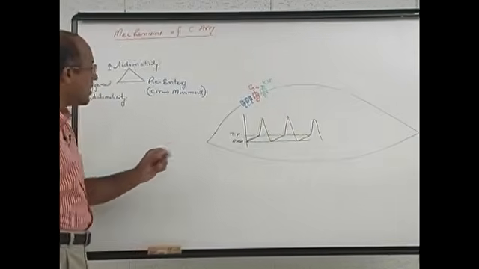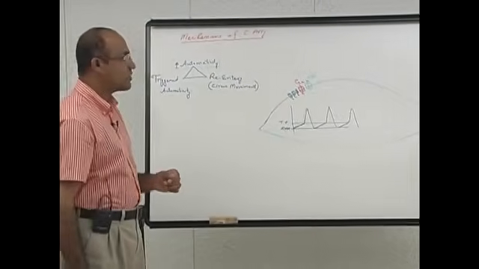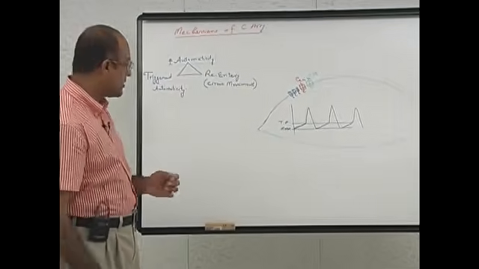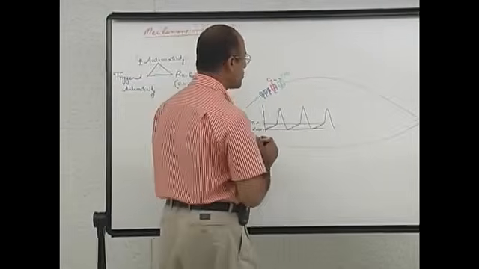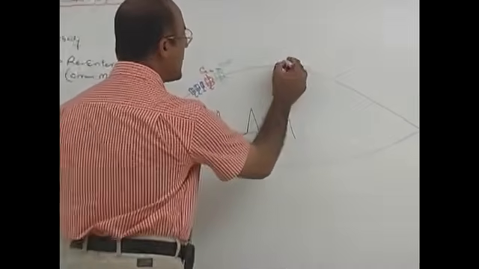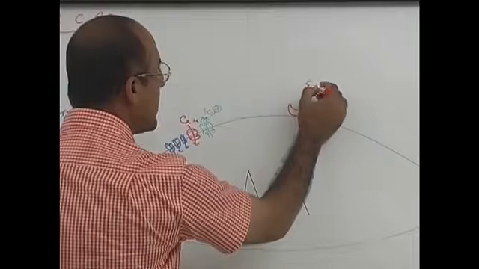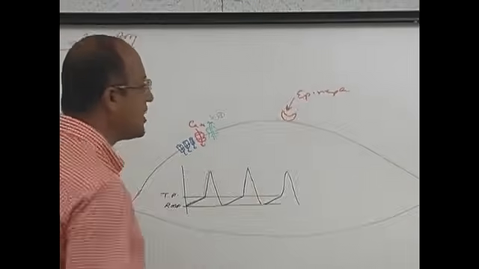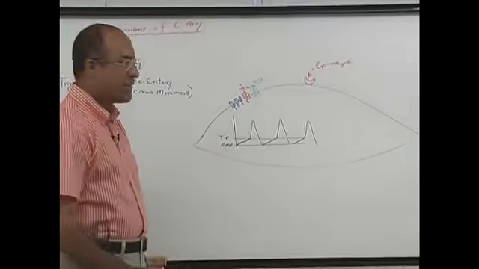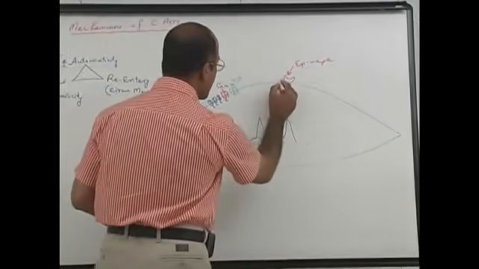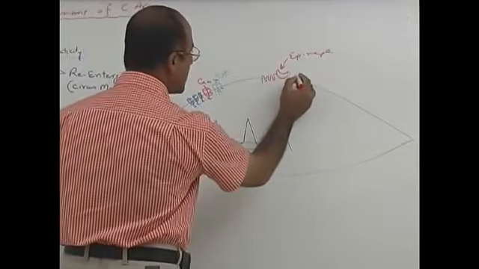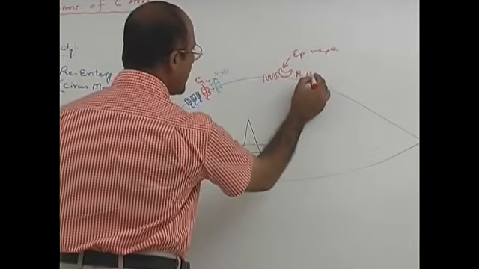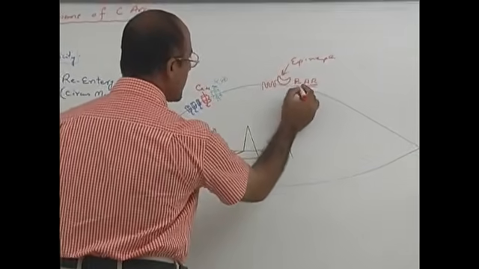Now, how can this automaticity be increased? One way is that let's suppose you stimulate the SA node with epinephrine or norepinephrine. When it stimulates its receptors on the SA node, you know these receptors are beta 1 adrenergic receptors.